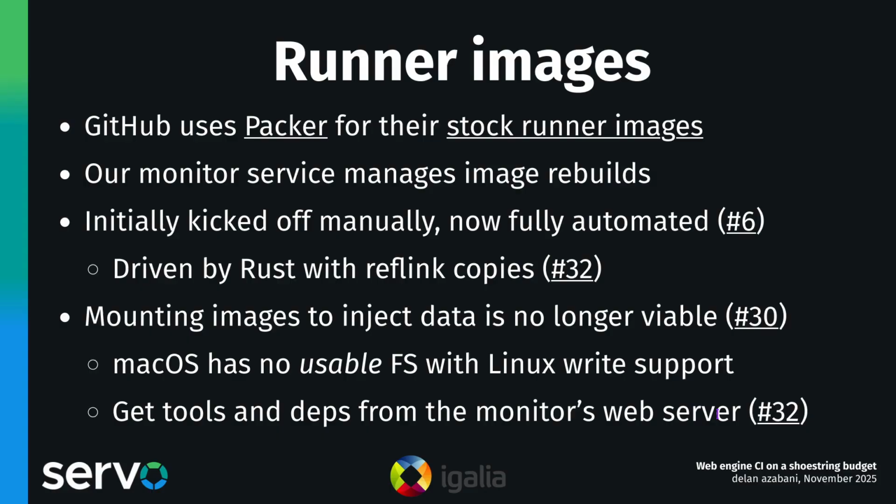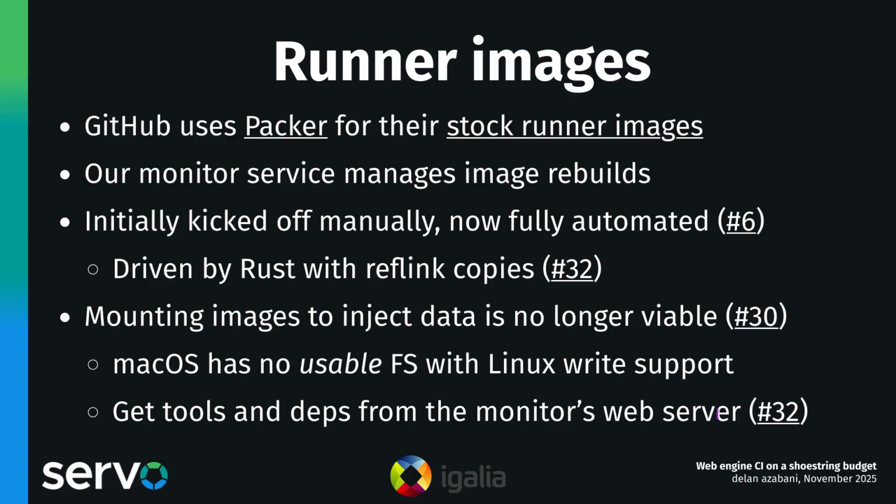There's exFAT, which has no support for symlinks, so a lot of tools like UV will break. There's NTFS, which we thought would be our savior, but when we tried to use it, we ran into all sorts of weird build failures, which we believe are due to some kind of file system syncing race condition or something like that. So NTFS was unusable as well.